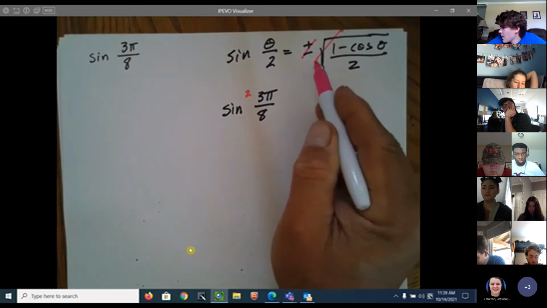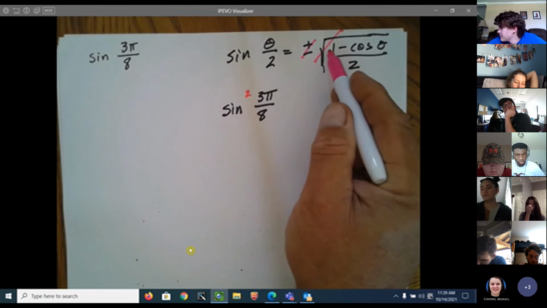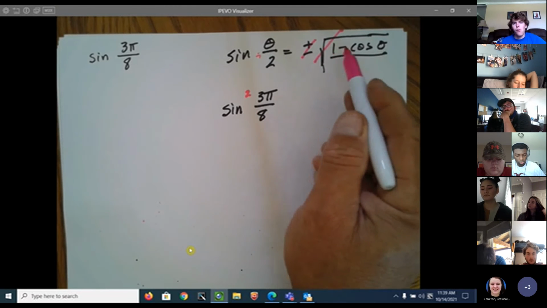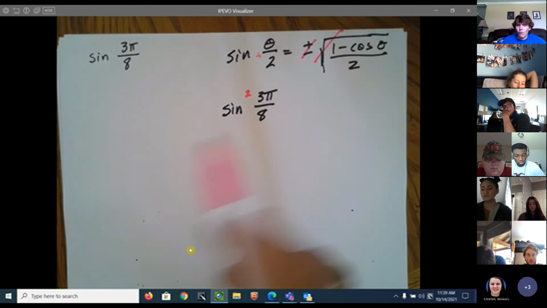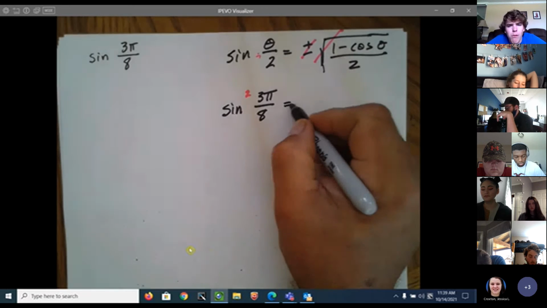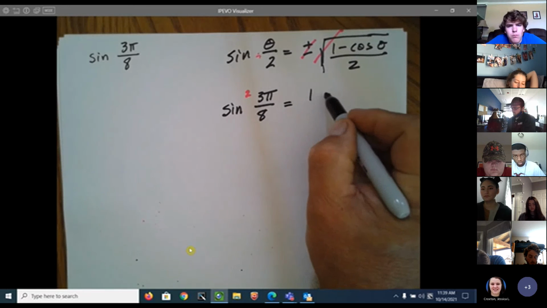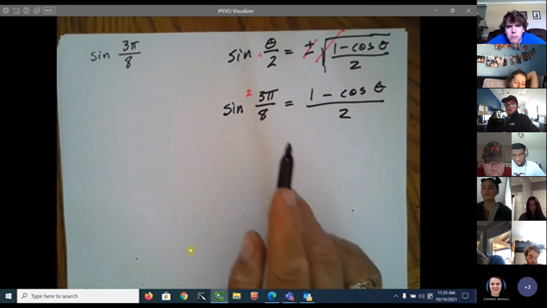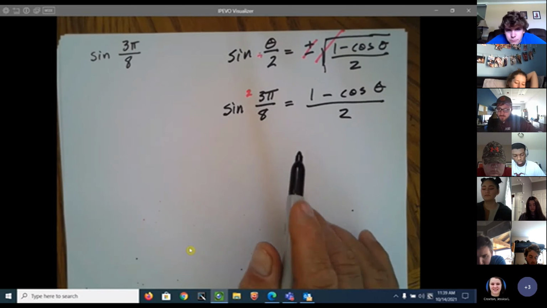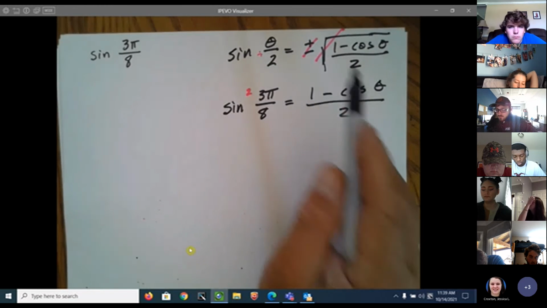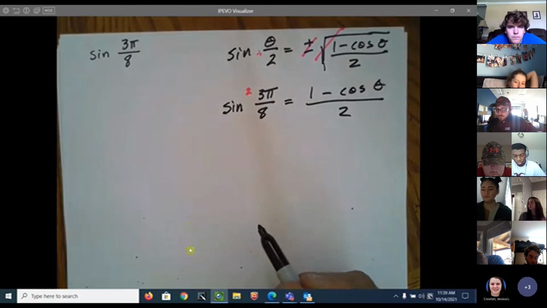You could leave this as sine theta, but you have to keep the radical. Either way, the answer is going to come out the same, and that's going to equal 1 minus cosine theta over 2. So you can square both sides to get rid of the radical if you want to.